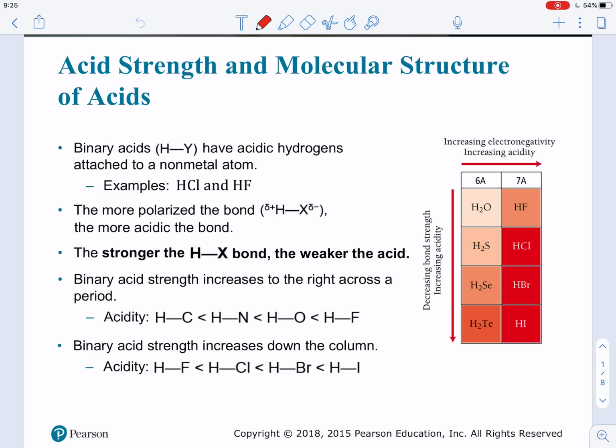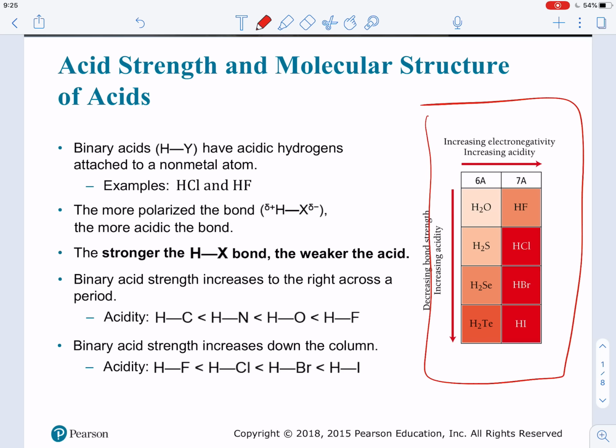So when we look at binary acids, by definition, a binary acid contains hydrogen and a non-metal, whatever they are. The common binary acids that we have to deal with are in this table. And this table is telling you also in what order the strength increases. Here we are looking at a position according to the periodic table.